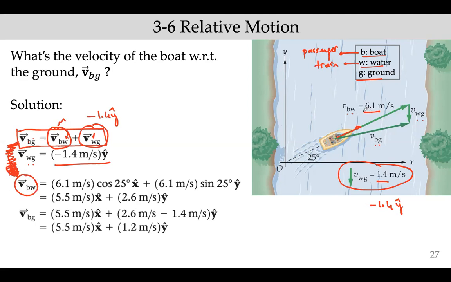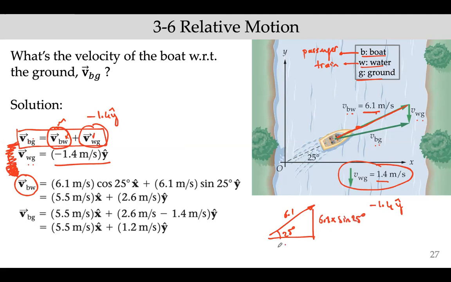It's given as 6.1 in some direction, but we have to write this as a vector with x hat and y hat. So the magnitude here is 6.1. Imagine you have a triangle like this. This is 6.1, and this is the x component, and this is the y component. If this is 25 degrees, then this will be, remember, 6.1 times sine 25 degrees, because this is the opposite of the angle, you use sine.